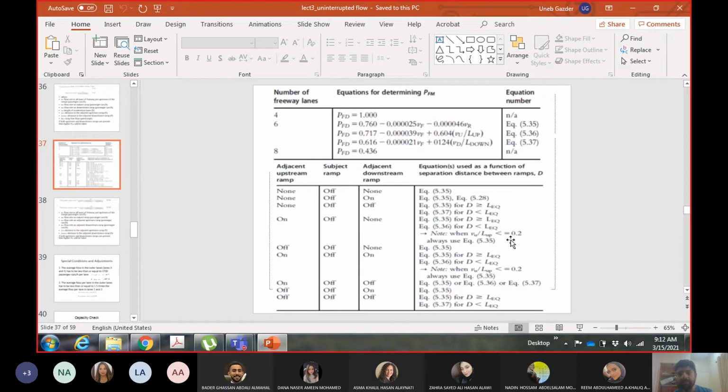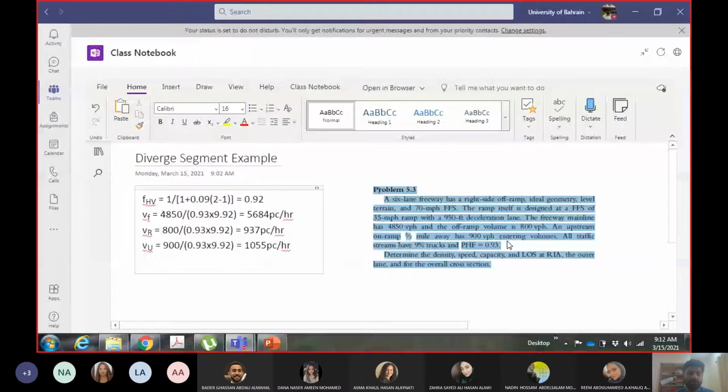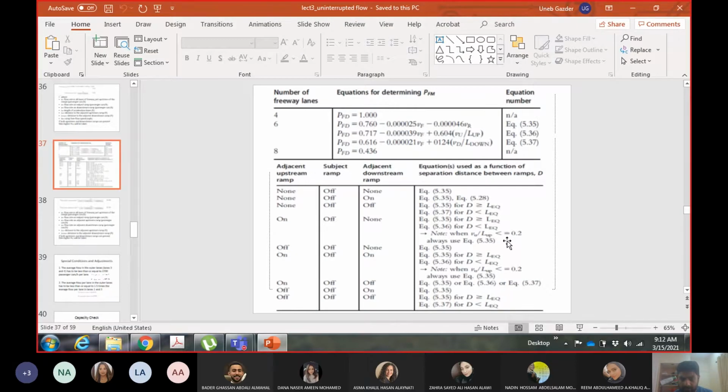If it is less than or equal to 0.2, I will use equation 5.35. So let me check this first. VU is 1055 and LU is half a mile.